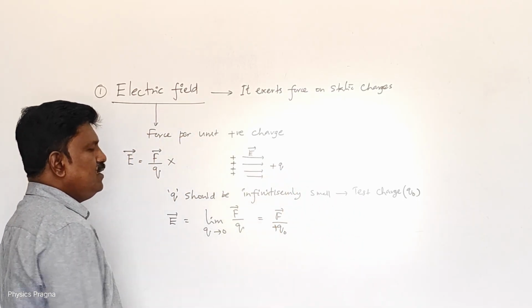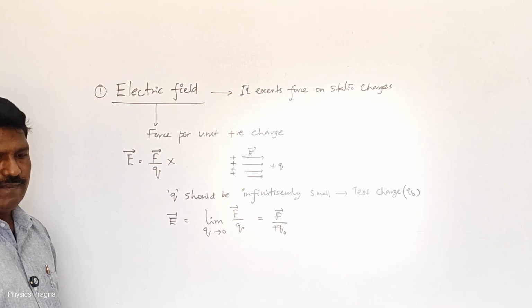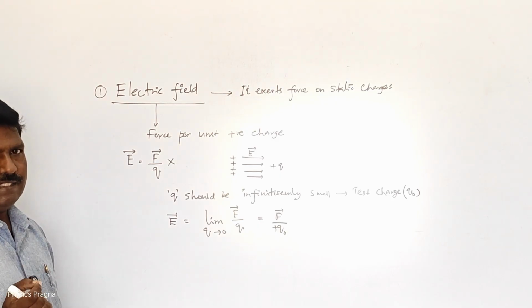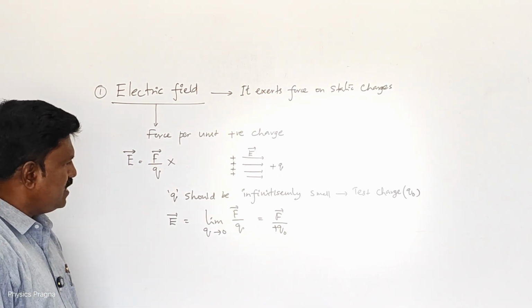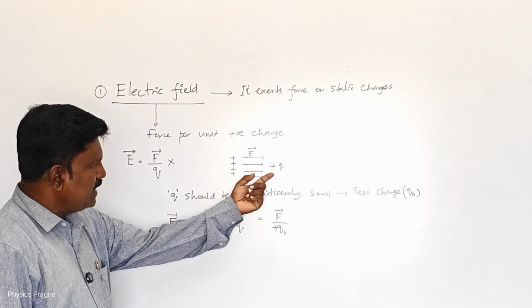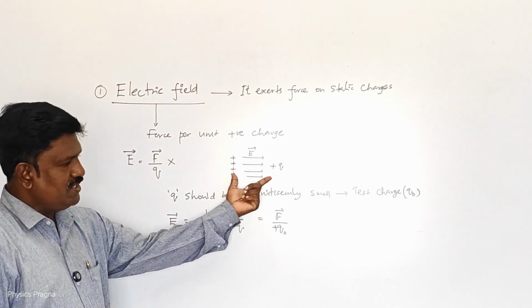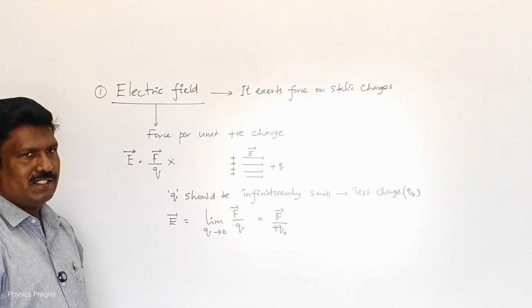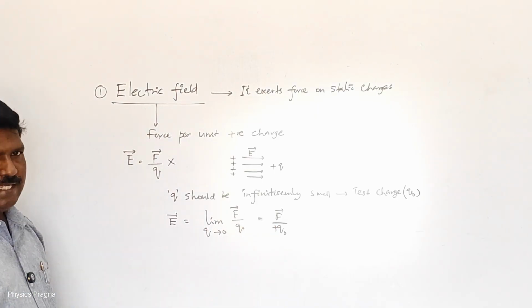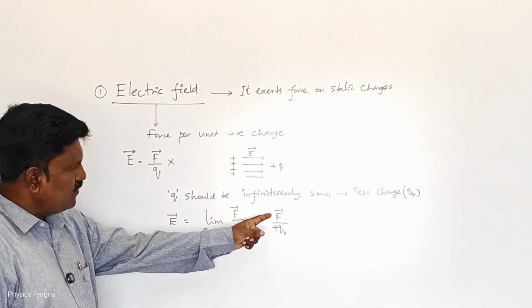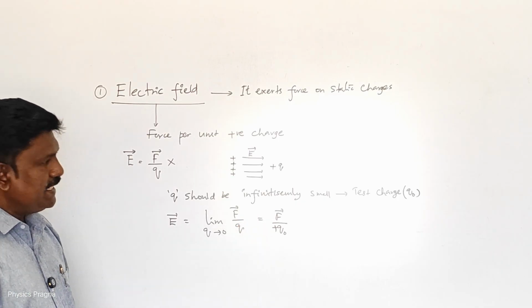If we put a very small test charge, its value almost near to 0, it won't disturb the position of the source charges. Then by using this formula we can calculate electric field.